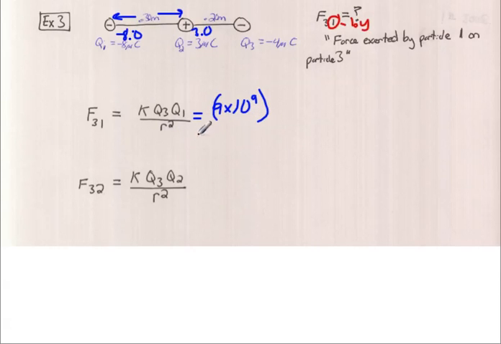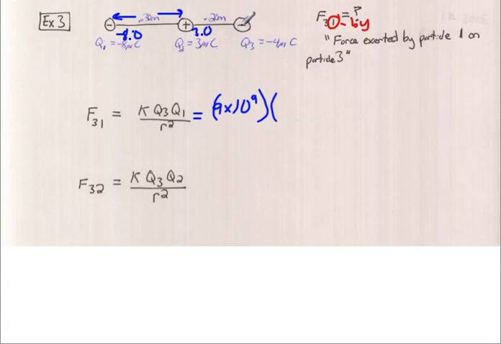Coulomb squared on the bottom cancels the charges, and meter squared on top cancels the r squared, so you just get a force in newtons. So anyway, that's what K is.